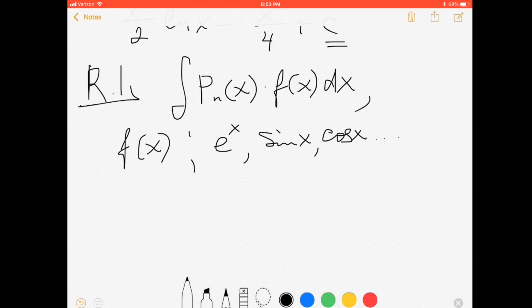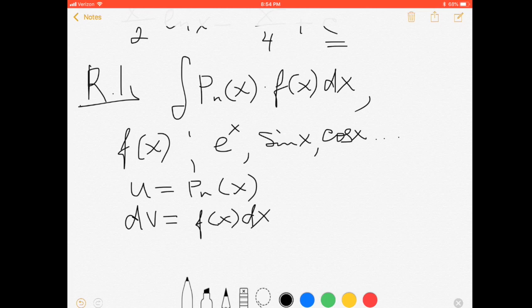We are looking at continuous ones, and you can integrate by parts, and the u function will be the polynomial, and dv will be f(x) dx.